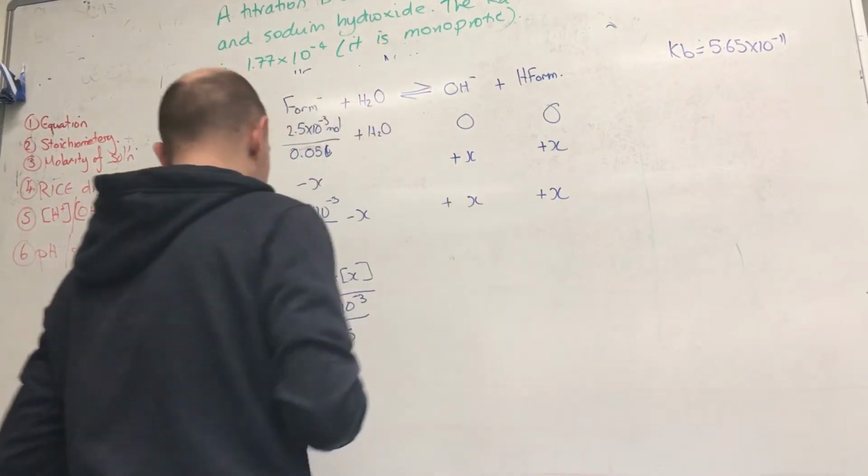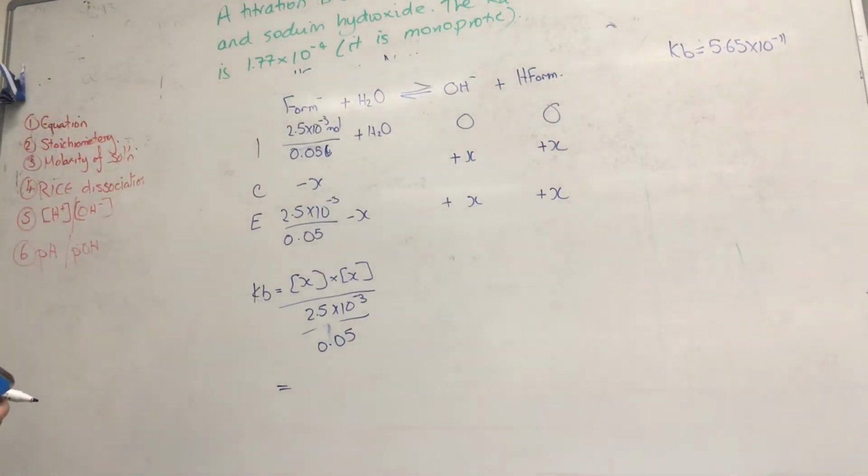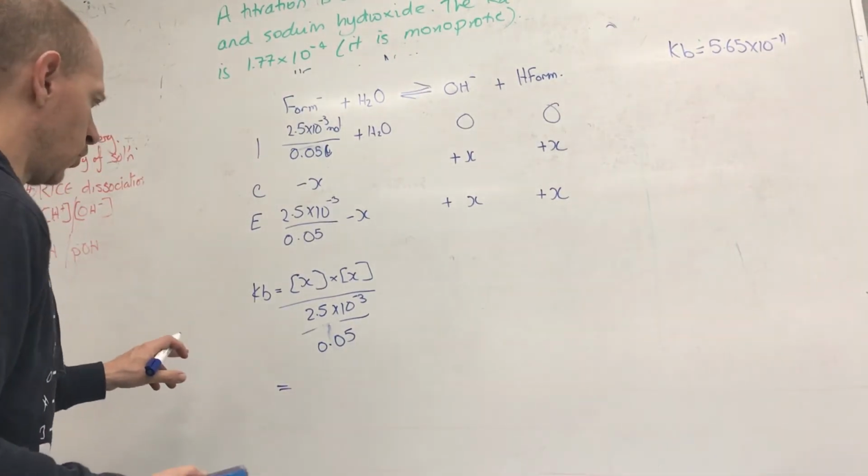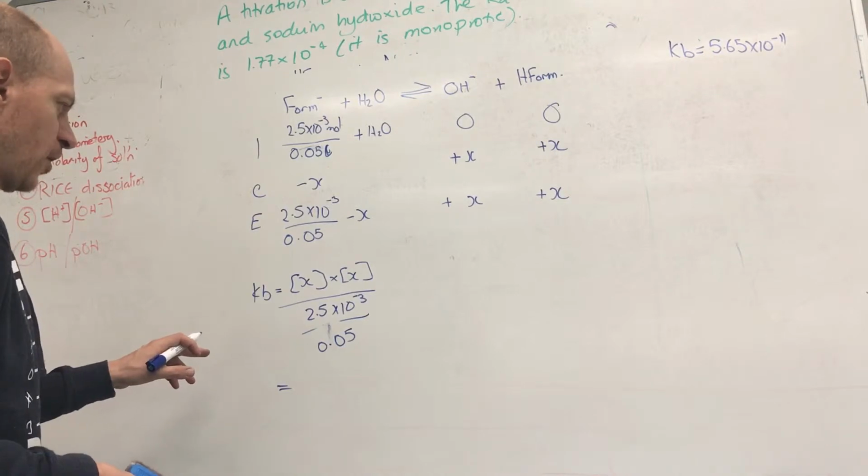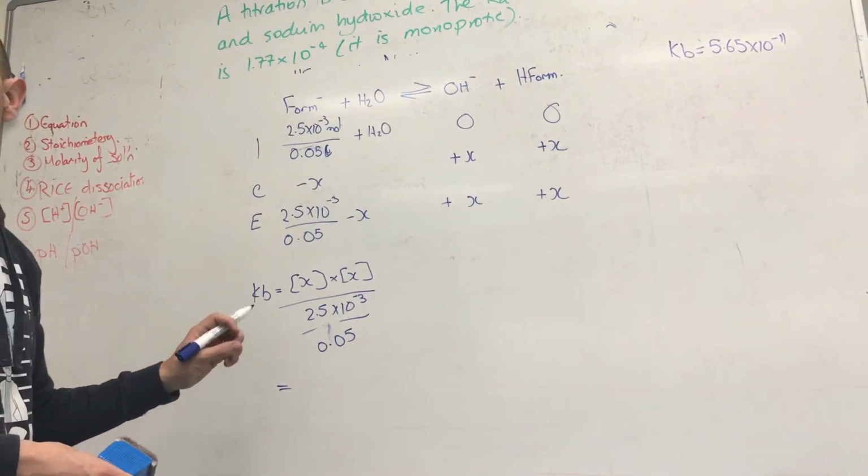So then what we can say is, what's 2.5 times 10 to the minus 3 divided by 0.05?